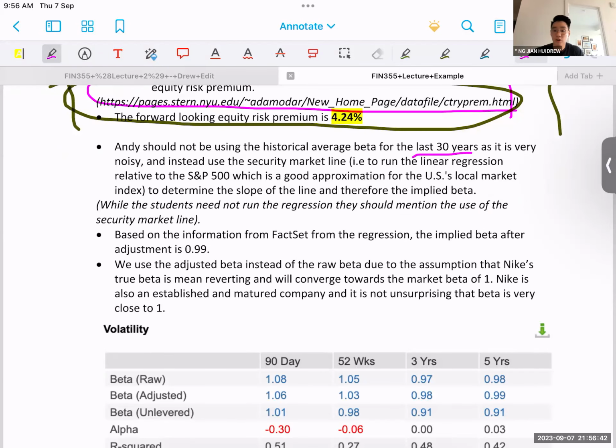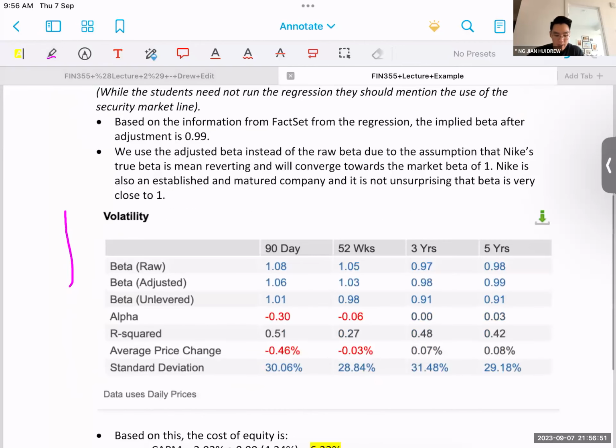So if someone talks about the beta being noisy, that's correct. Even in FactSet, there's a lot of beta: raw beta, adjusted beta, levered beta. So which beta do you use? You still have to give some justification. Remember I said when you pick numbers, you still have to justify which beta to use.